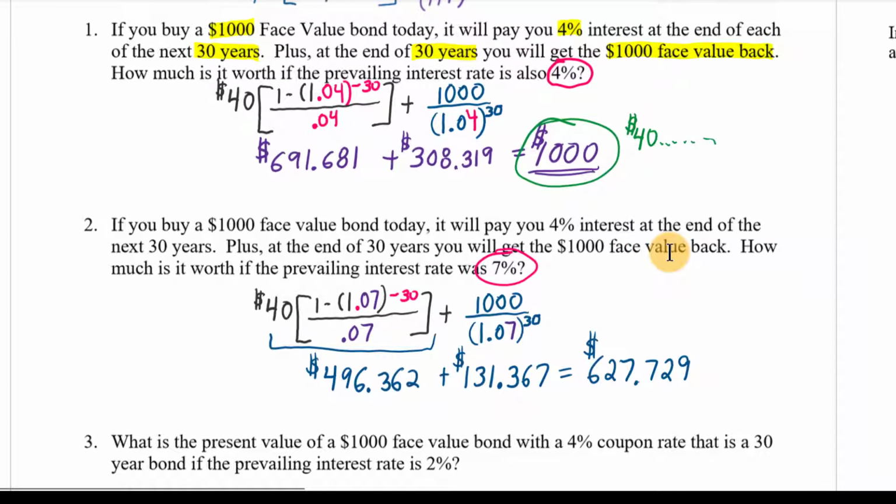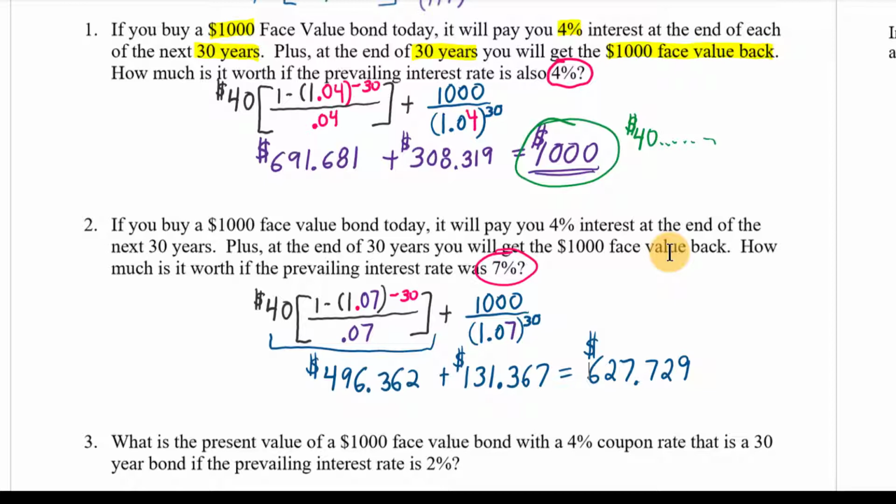So here's the big lesson that you have to understand if you want to understand bond prices. Anytime the interest rate out there in the market goes up, the value of bonds goes down. A lot of people say that bonds are a very safe investment. I guess they are, but only if you intend every single time you buy a bond to buy it and hold it until it matures.